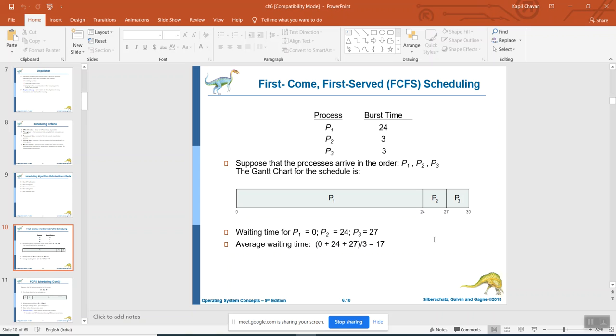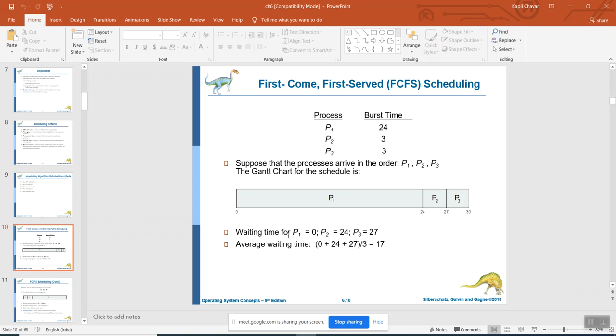So we need to calculate the waiting time for P1, P2, P3 and the average waiting time for the processes. The waiting time for P1 is 0. Why is this 0? Because this is the first process to execute.